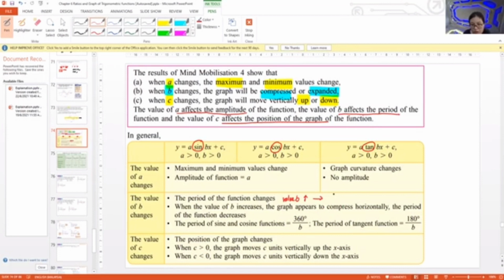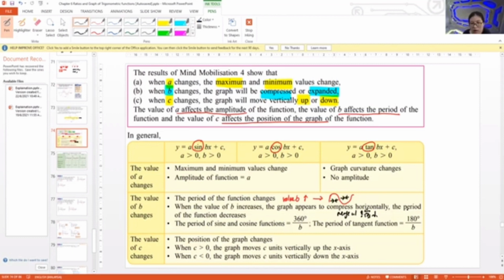So the graph will be compressed. For example, we have this graph. Compress means becoming smaller. Compress, here also compress.